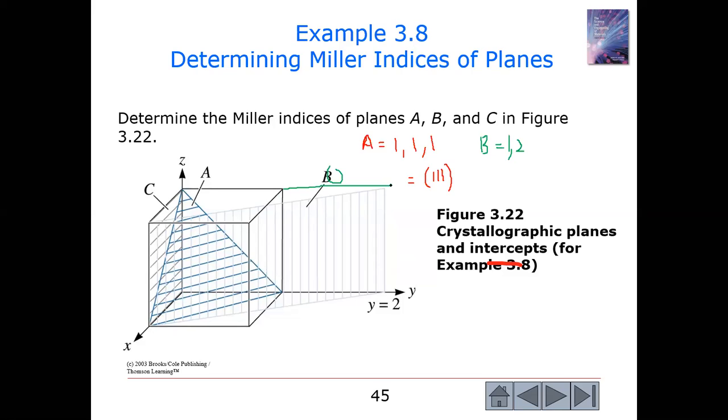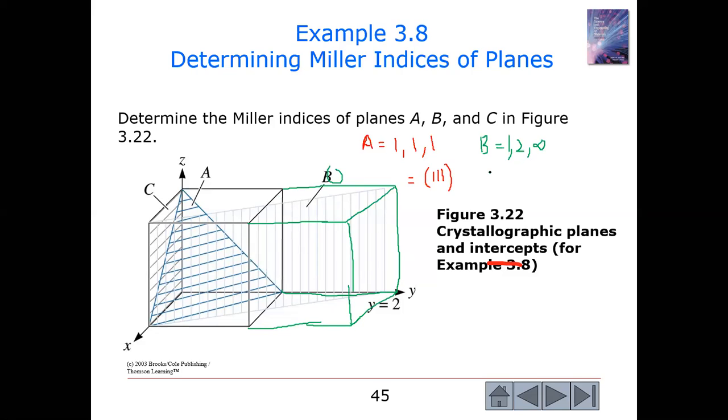So if you draw it like this, it's actually the adjacent unit cell. Clear? So this is 2. And the z-axis is infinity. Why? Because it's parallel to the z-axis.